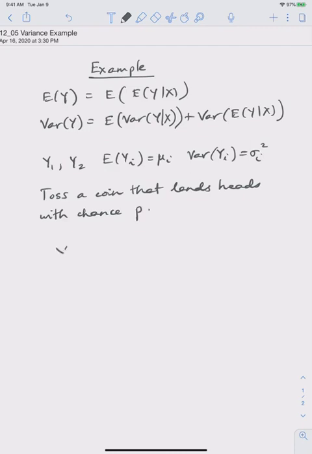And we define a new random variable y based on whether the coin is a head or a tail. If it's a head, y is y1, and if it's a tail, y is y2. This move, creating a random variable by conditioning in this way, is called mixing.